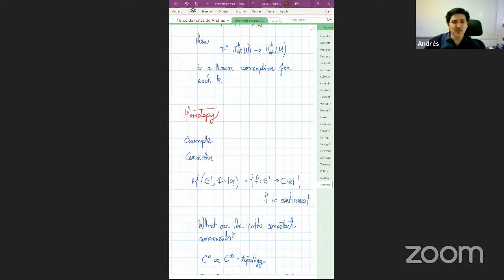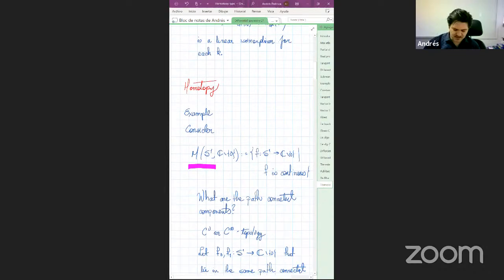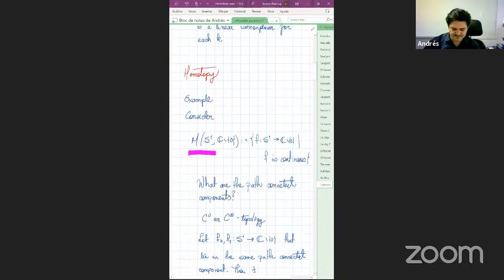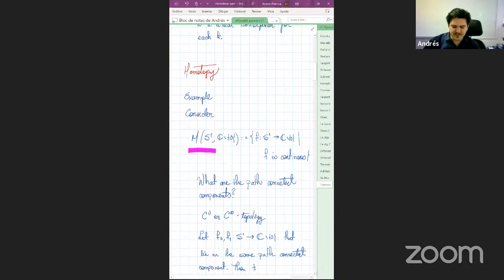Right. So let's try to understand in this space what it means for two points to be connected by a continuous trajectory. So consider two maps, and let's assume that they are in the same path connected component. That means that there is a smooth path between those two maps.